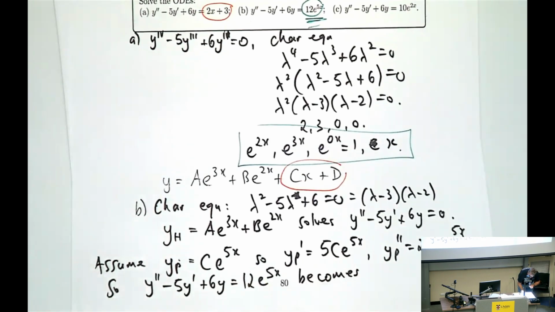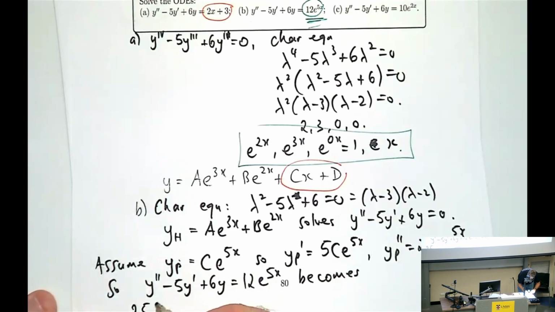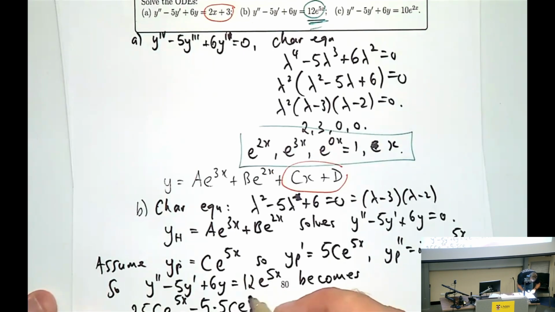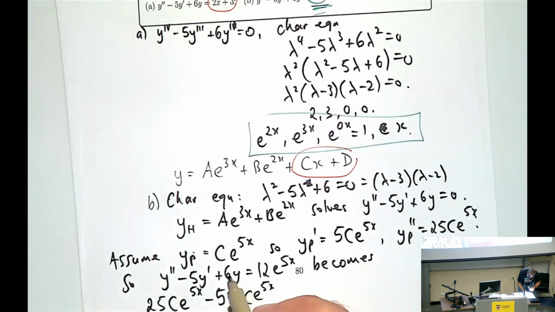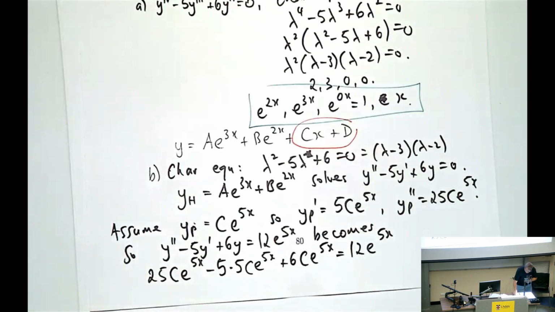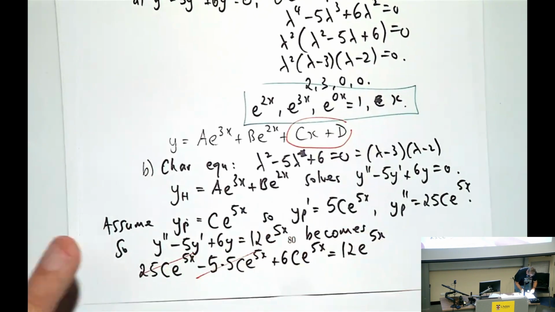We've got 25 there, and we get 25 here as well, and here I get 6c. So cancel, cancel. 6c is going to be 12, so c is going to be 2.